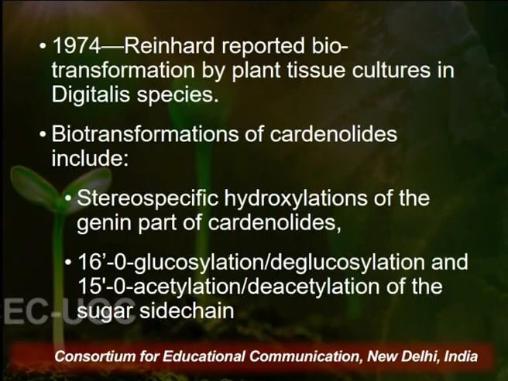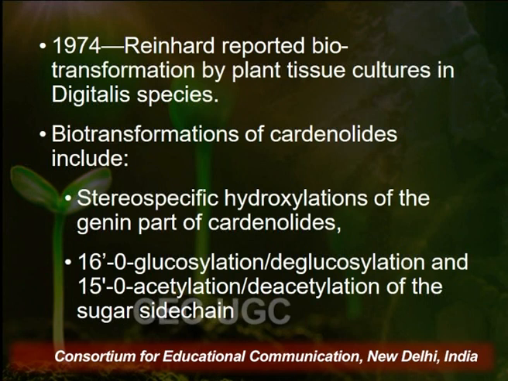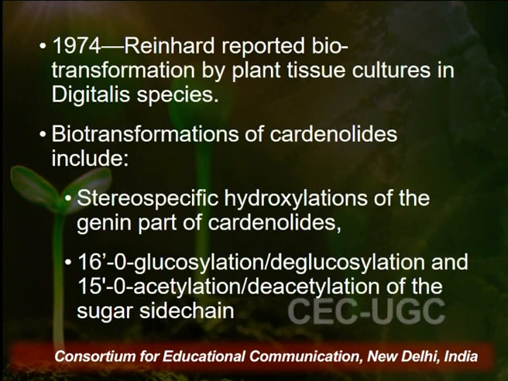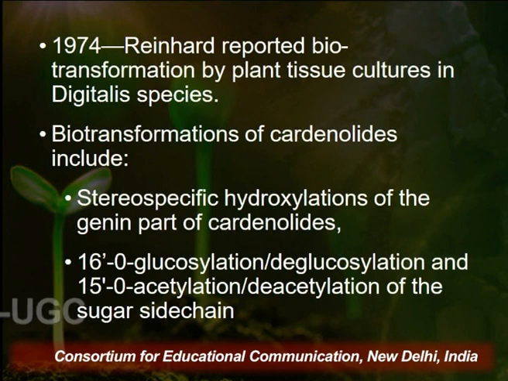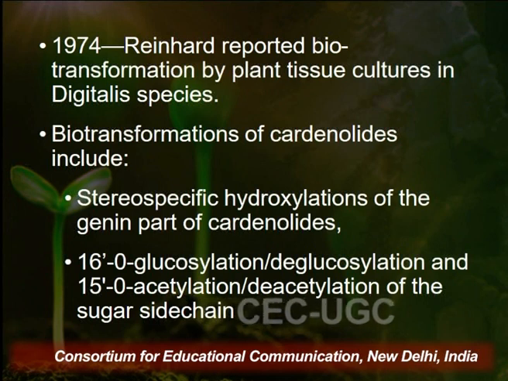In 74, Reinhard reported another important phenomenon during plant tissue culture, biotransformation, wherein there was a change in the natural chemistry of the constituents present in the plant. He reported this in Digitalis species, and found that the cardenolides, which are the major active constituents of Digitalis, get chemically modified.